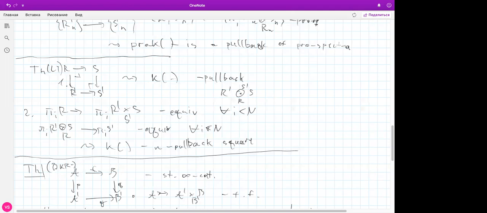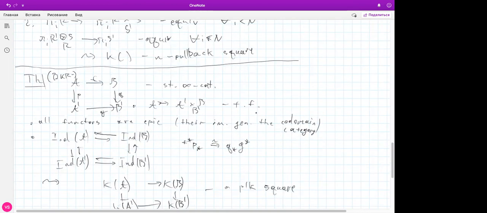But the condition of the ring is a bit weird. It looks somewhat strange. But on the categorical level, what they're doing is some Verdier quotient of some semi-orthogonal decomposition.